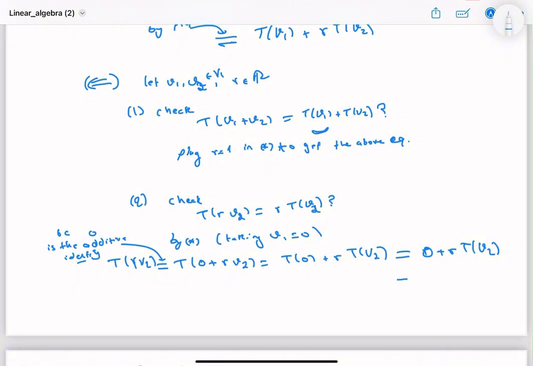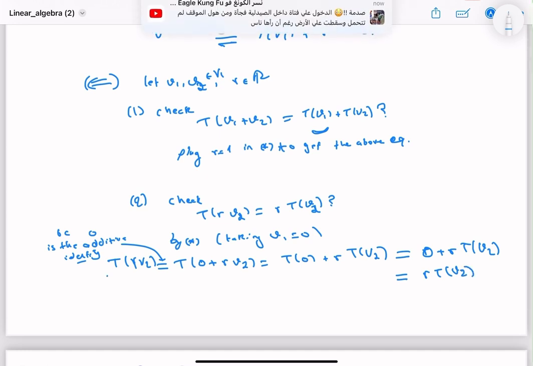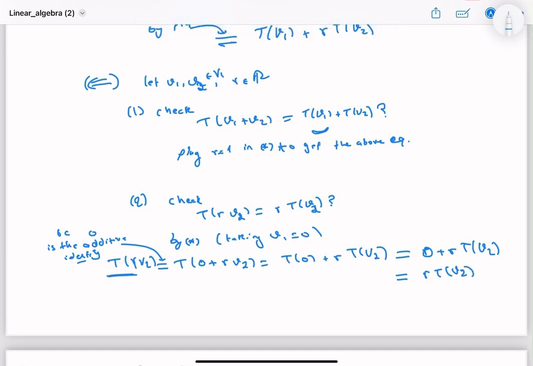And thus, by the fact that 0 is an additive identity, this is equal to r T of v2, and this proves what we wanted. This proves that this left hand side is equal to this right hand side.